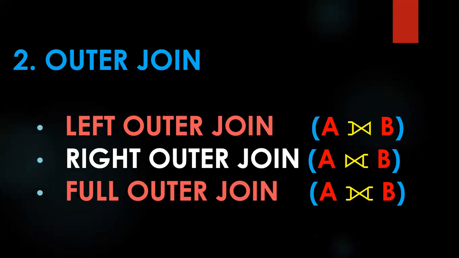When it is keeping all tuples of the left relation only, what about the right relation? It will pad unmatching tuples with null. Matching tuples will be displayed from both relations. In left outer join, left relation tuples will be kept, and in the right relation, unmatching tuples will be padded with null. If I go for right outer join, again all tuples from the right relation will be kept in the result.